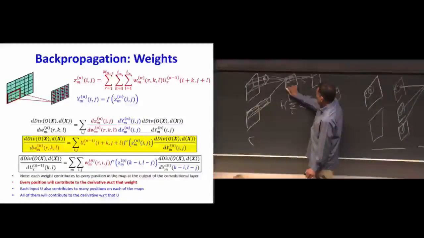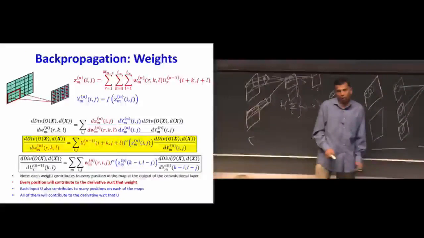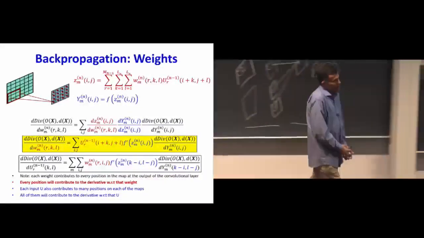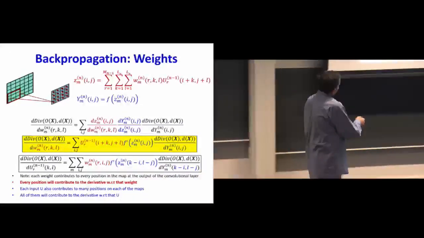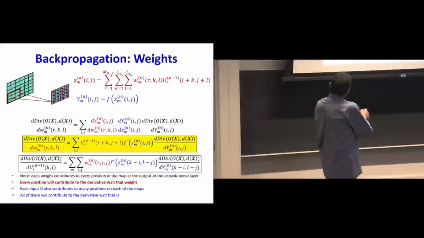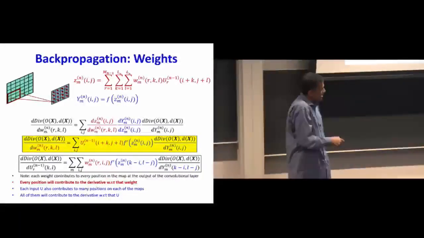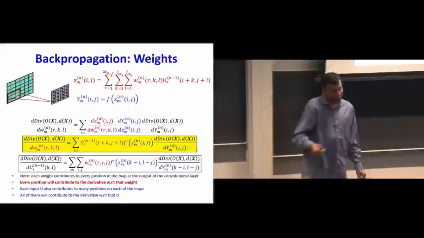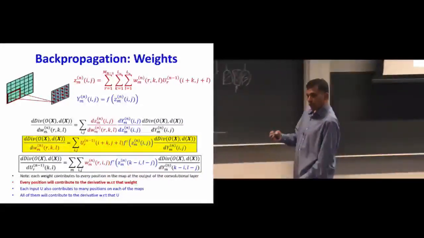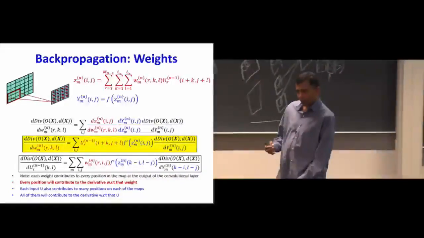So you'd be summing over all of these and summing over all planes. So as a result, you have multiple summations. The first one is summing over the entire plane for each of the planes, and then summing over all of the planes. So it's just a simple modification of your standard backprop, right?